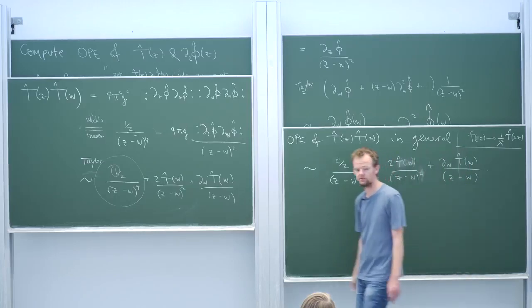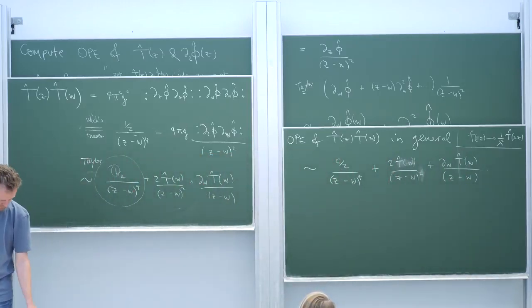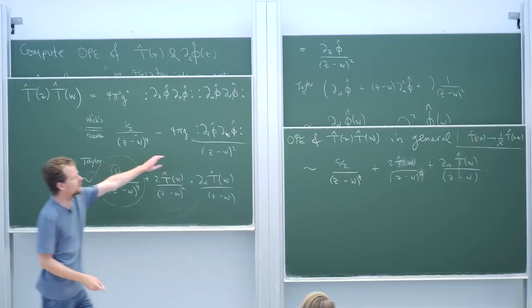All right, so that's what the general OPE of the stress energy tensor with itself looks like. And you have this sort of optional constant here.